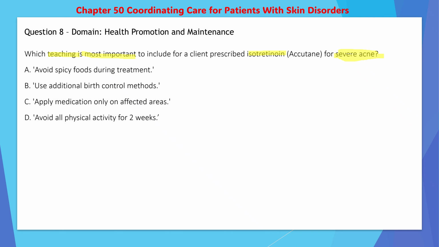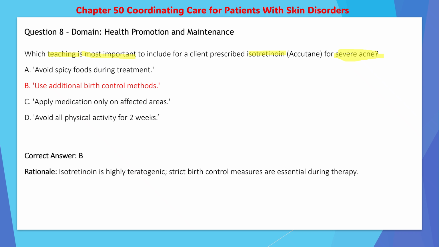Avoid spicy foods during the treatment. It's not a GI problem, right? Use additional birth control methods. Apply medication only on affected area. Avoid all physical activity for 2 weeks. Why would you need to avoid physical activity for 2 weeks? Use additional birth control, because this medication, isotretinoin, is highly teratogenic.